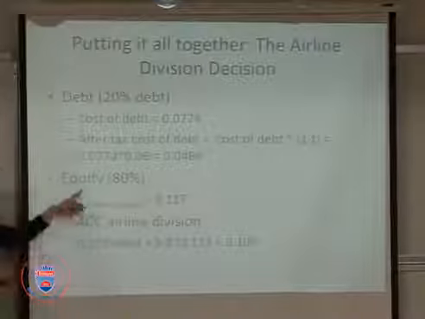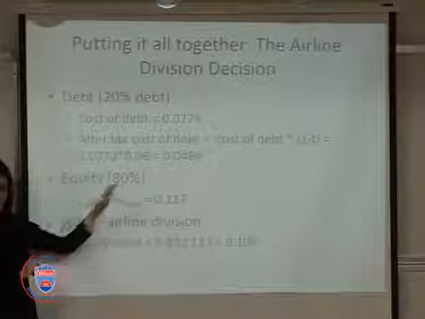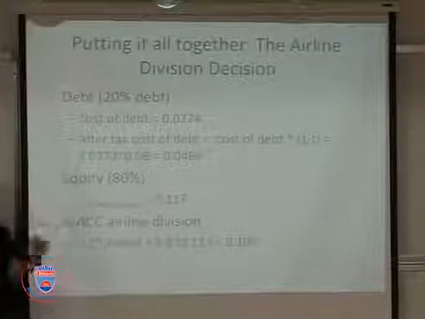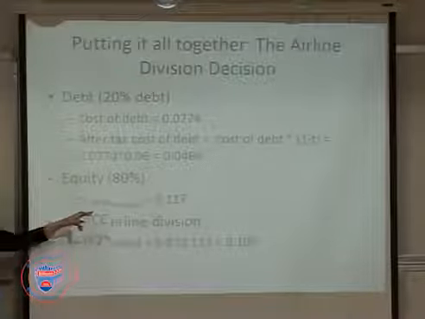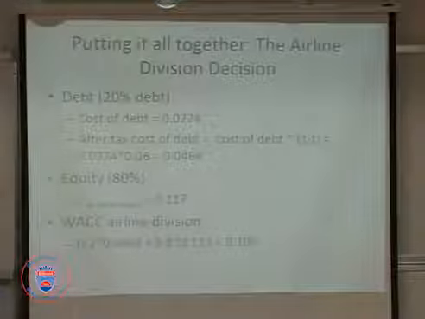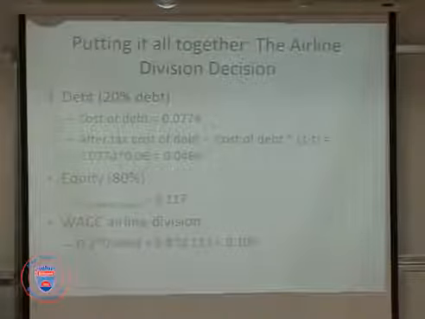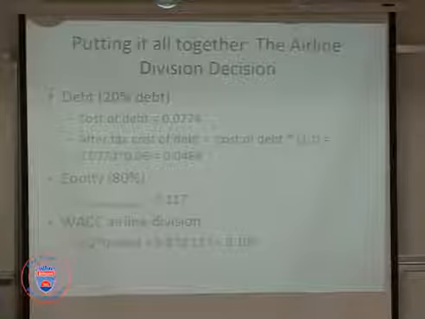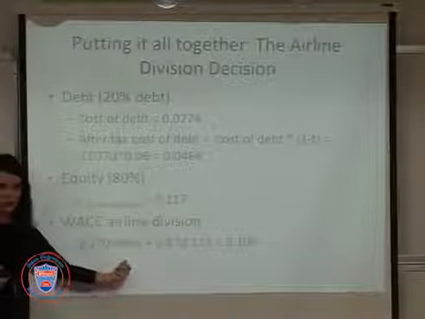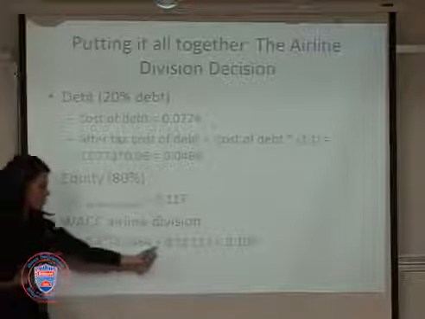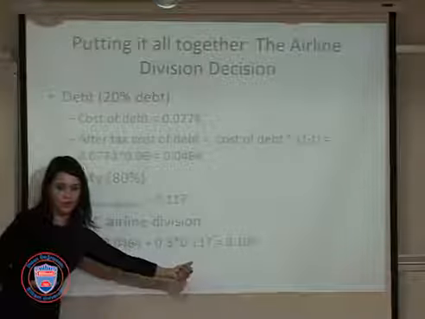Okay. So you're using 80% equity, 20% debt. And I already calculated cost of equity using CAPM. If you remember, it was 0.117. So now I'm interested in weighted average cost of capital, which is weight of debt times after-tax cost of debt plus weight of equity times cost of equity.